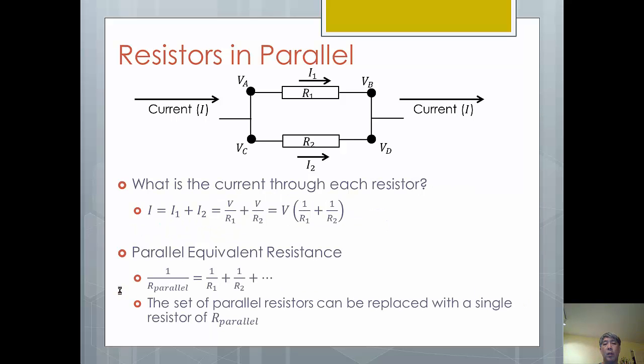Okay, so going through the calculation, we can find, again, an equivalent resistance for these two resistors, or set of resistors if it's more. And the equivalent resistance is that inverse formula we saw last year, where 1 over the equivalent resistor in parallel equals 1 over R1 plus 1 over R2 plus dot, dot, dot. Okay, this is probably the area where I see most of the math mistakes that are made.